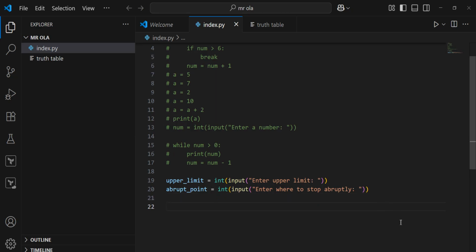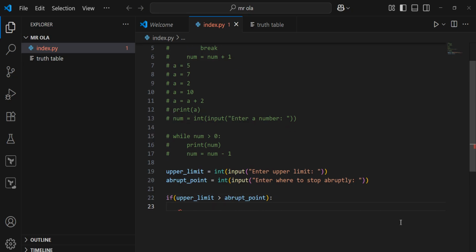If the upper limit is higher than the second number, then I want to display all the numbers from 1 to the upper limit.